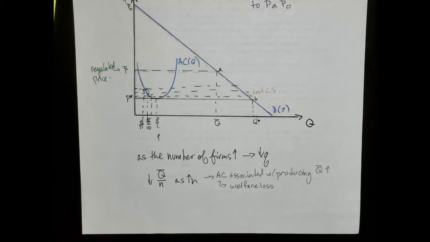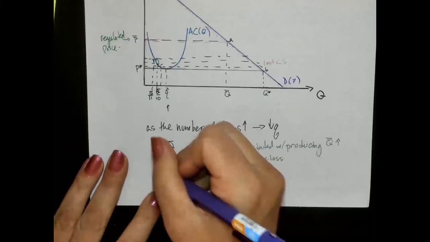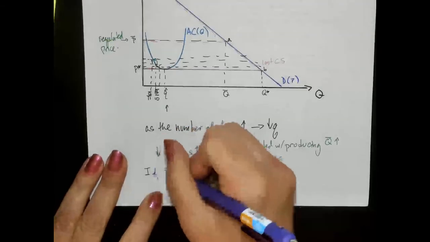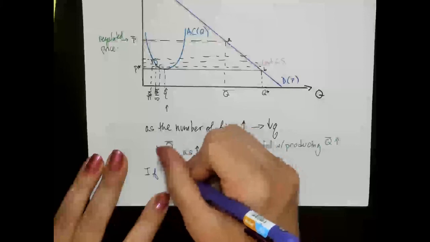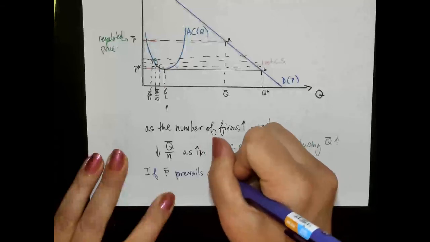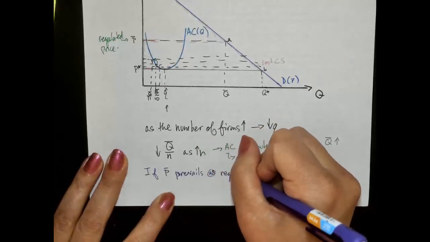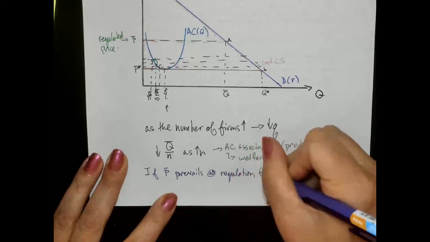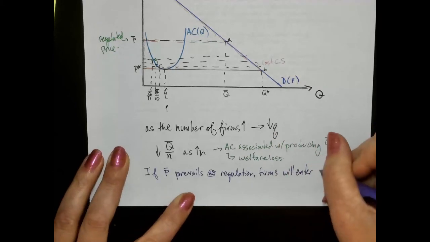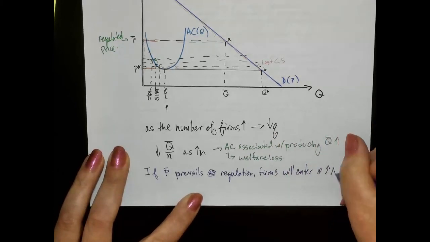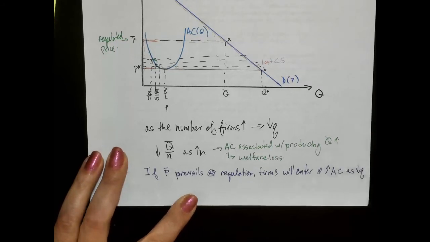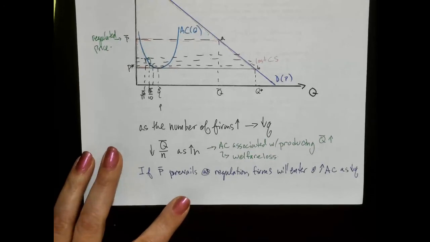So what happens if price regulation is not coupled with entry and exit? If P bar is the regulation, let's say P bar prevails as a regulation, firms will enter and average cost will increase as the quantity produced by each individual firm decreases.